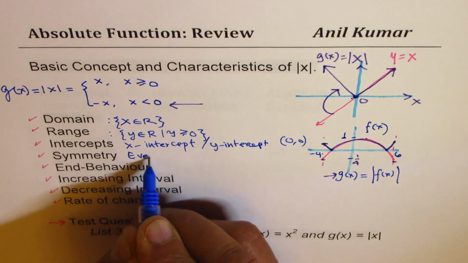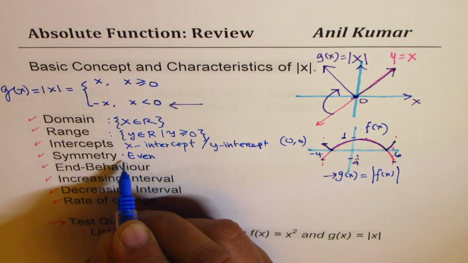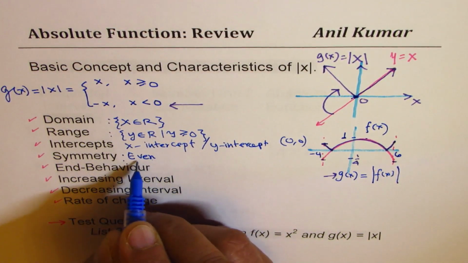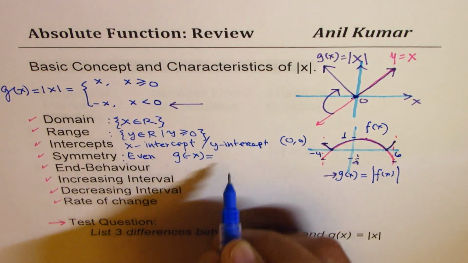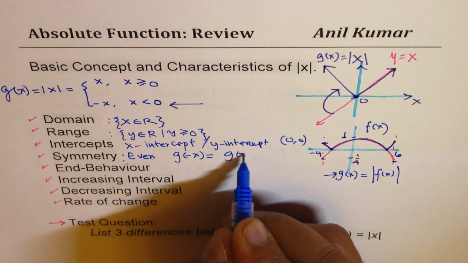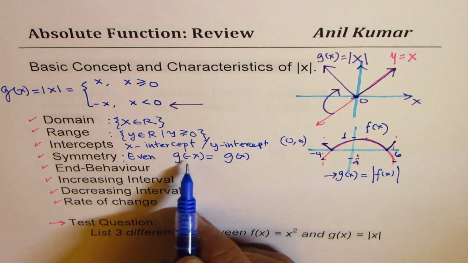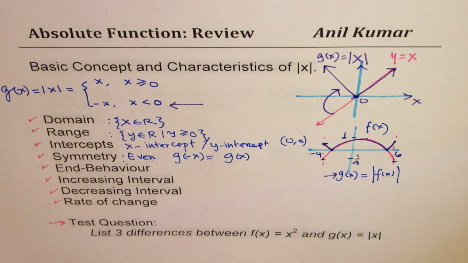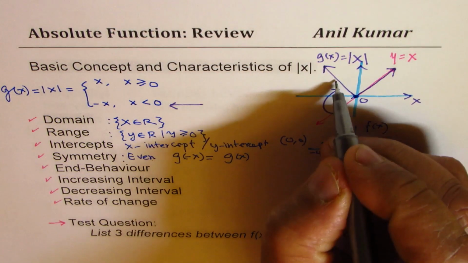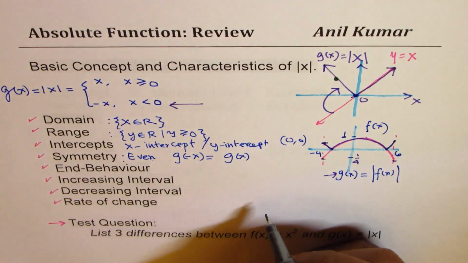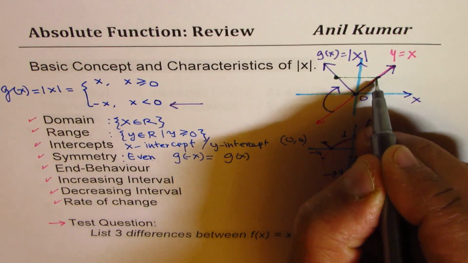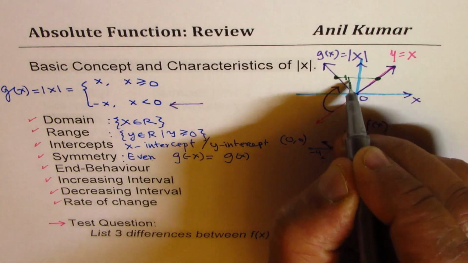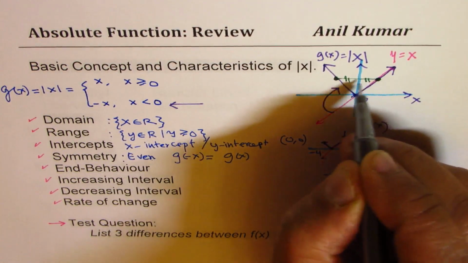Symmetry. It has even symmetry. Now this is very important to understand. What is even symmetry? Even symmetry means that g of minus x is in fact equal to g of x, right? That is called even symmetry. So what we're trying to say here is that if you have a point here on the absolute function, then there's a mirror image right there, symmetric about the y-axis, same distance away, right?